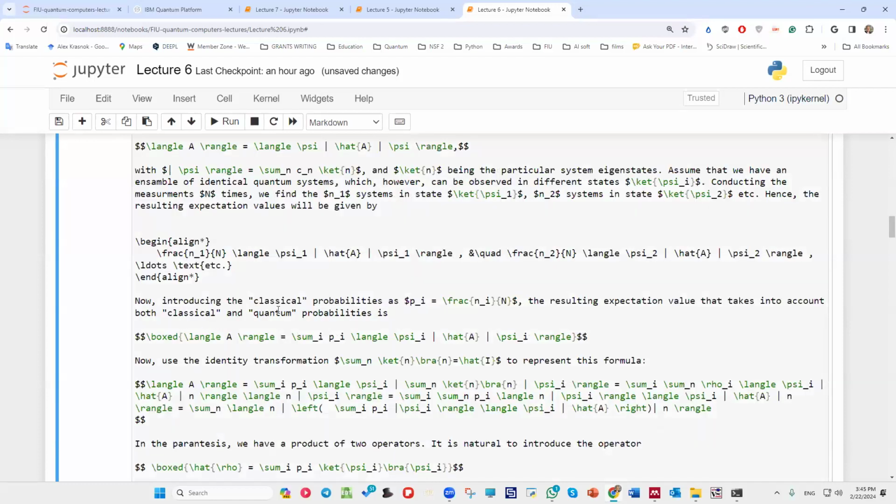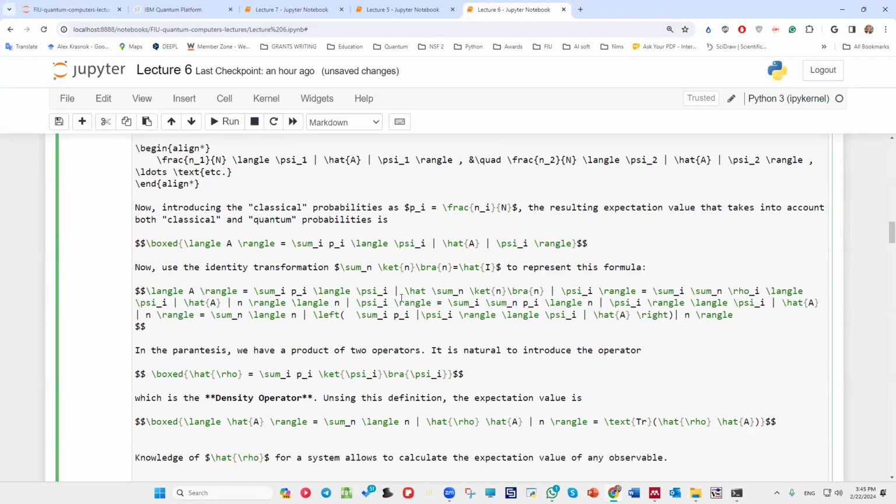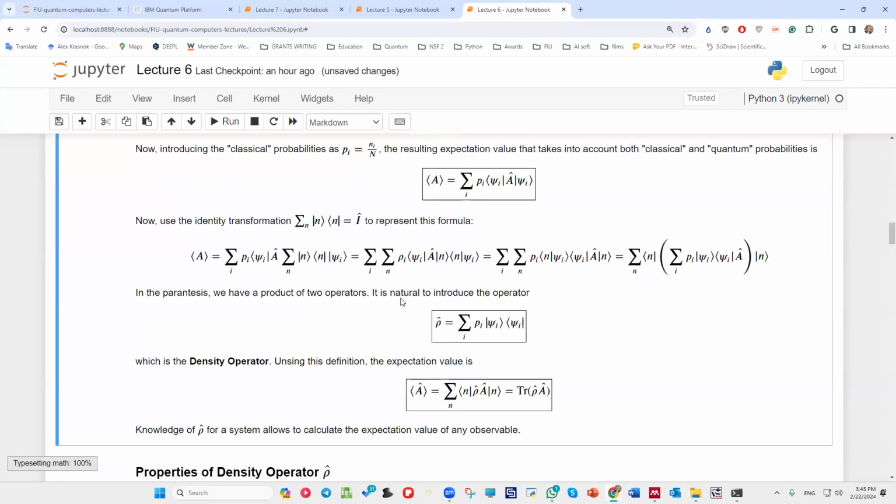So I just introduced this identity transformation between the operator and the state psi here.